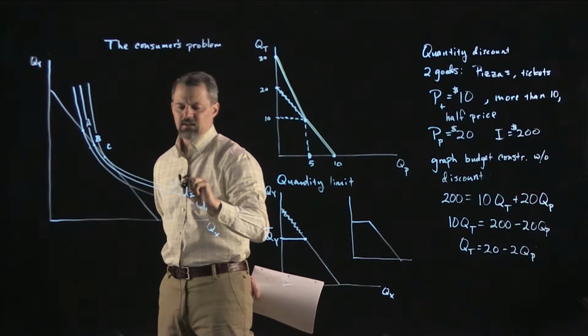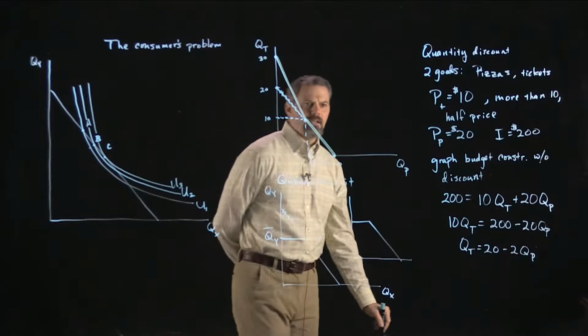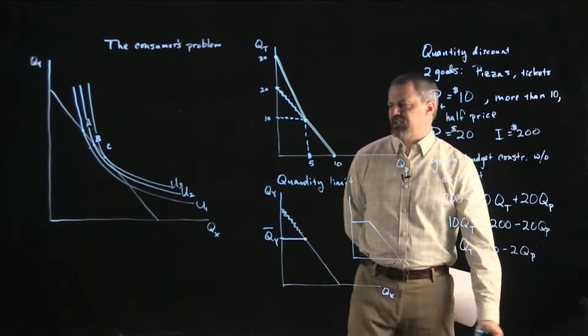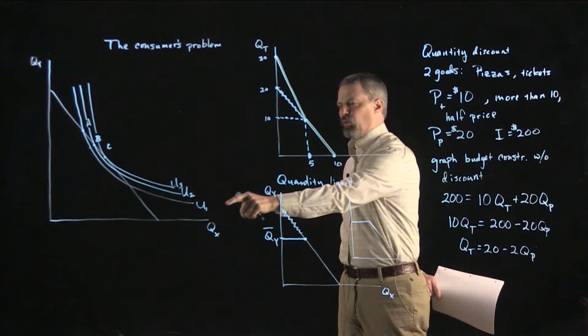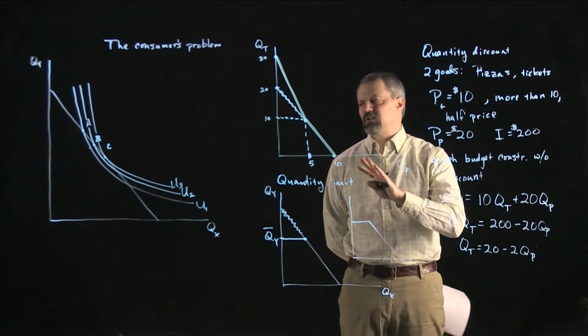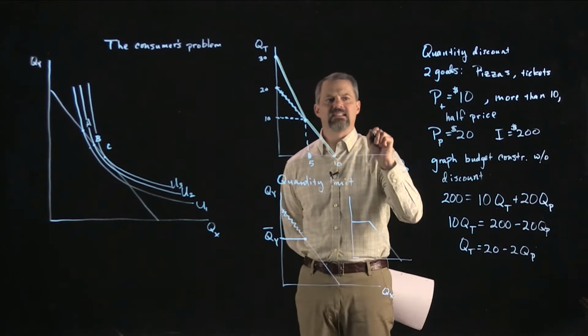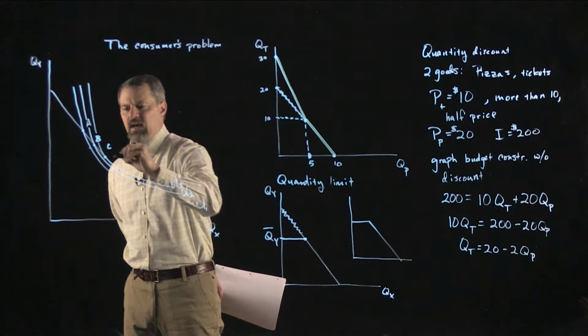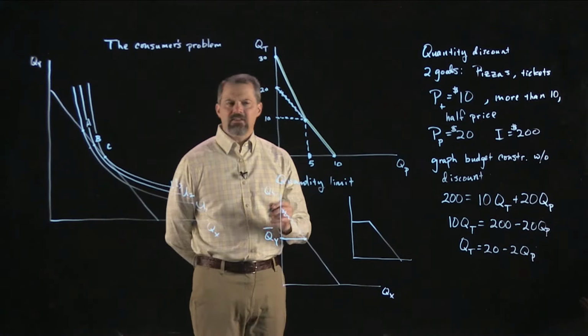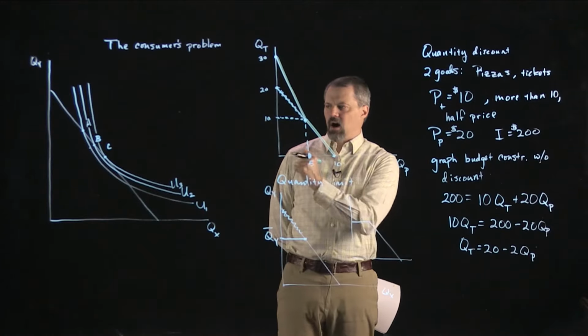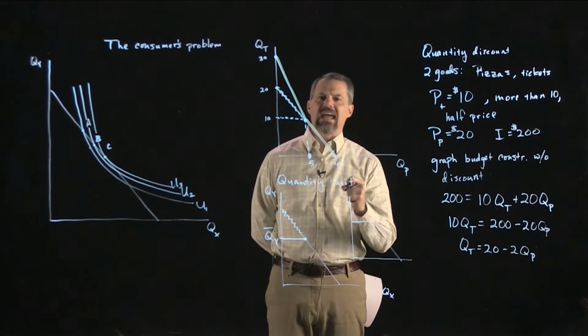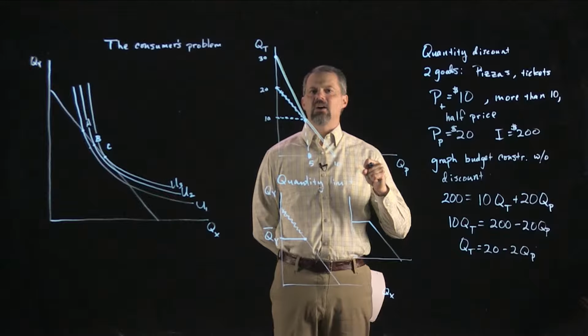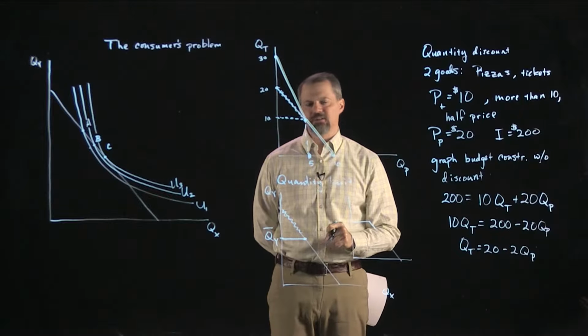We'll call that indifference curve U3. Indifference curve U3 is farther from the origin than U1 or U2, so we know that the consumer at point C is getting more utility than at either of those other two points. And we also see that there's no other bundle on this picture that the consumer can afford that would allow the consumer to get to a higher indifference curve.